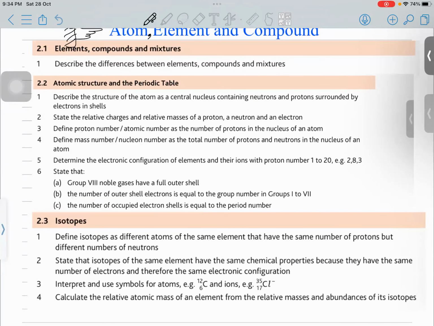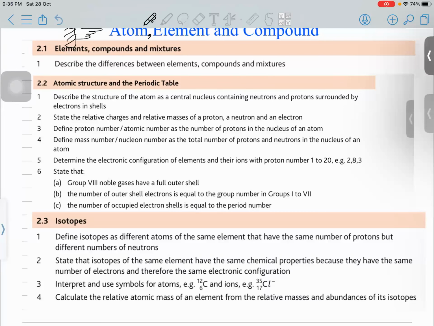First, describe the difference between element, compound, and mixture. And then, what is atomic structure? First is element, compound, and mixture.